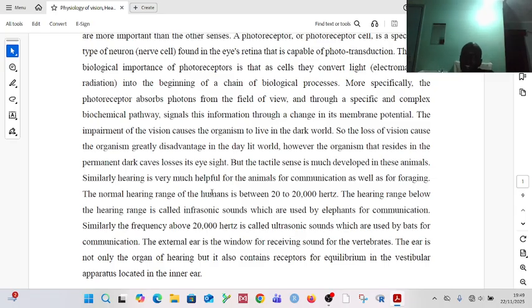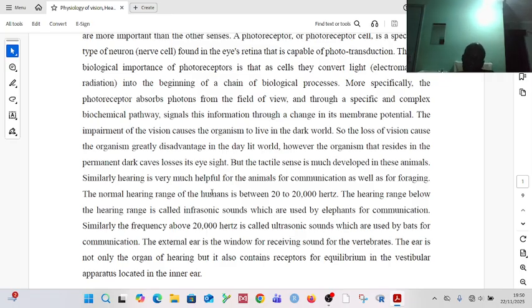Remember, bats live in dark areas and they are active mostly at night. So they need very improved hearing ability. So they can hear sounds that are higher than the normal hearing range for human beings. Okay.